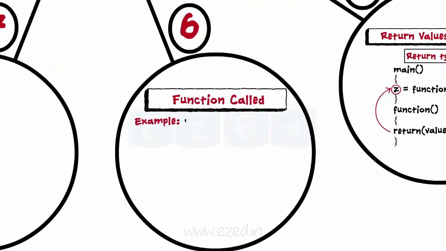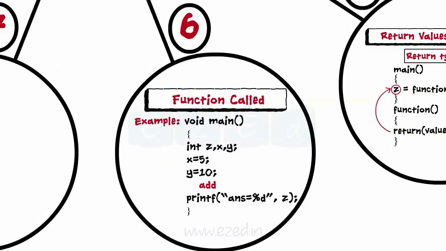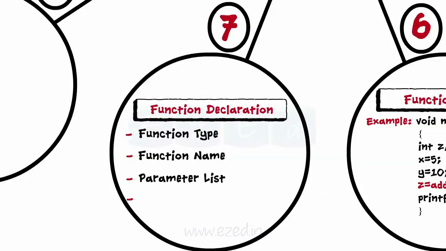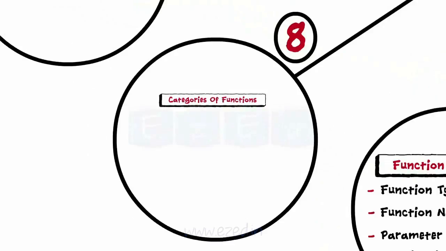A function is called by simply using the function name followed by a list of actual parameters, if any, enclosed within the parentheses. A function declaration, or function prototype, consists of 4 parts: function type, function name, parameter list, and terminating semicolon. Let's learn the various categories of functions.